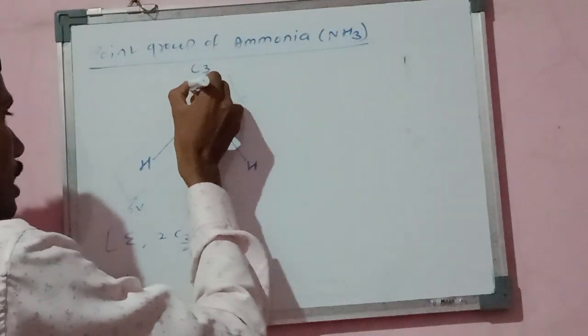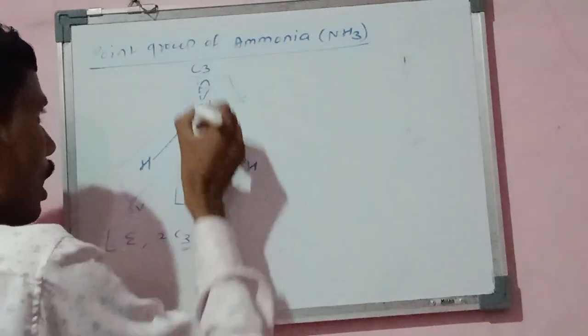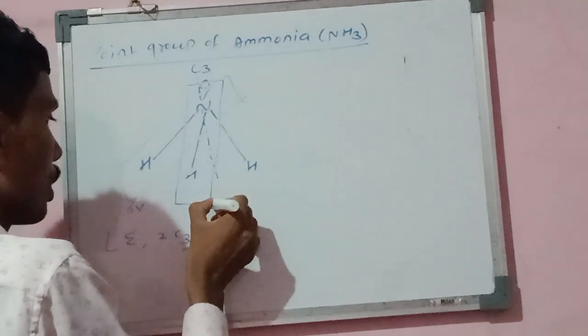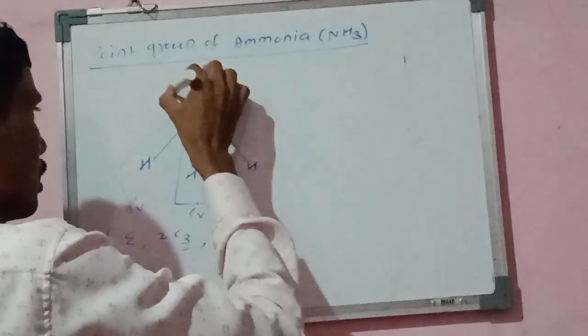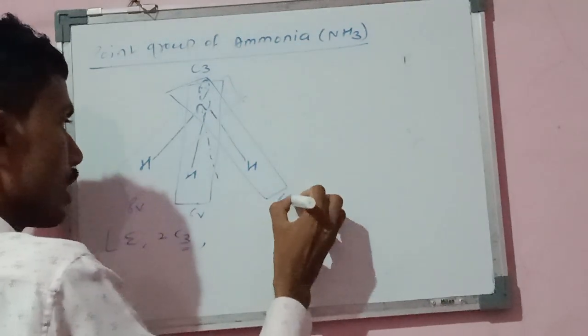So ammonia has three vertical planes of symmetry. Why vertical plane?